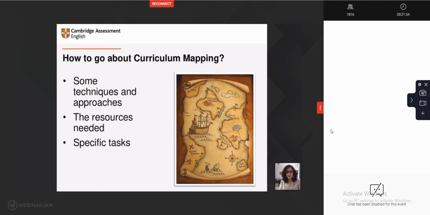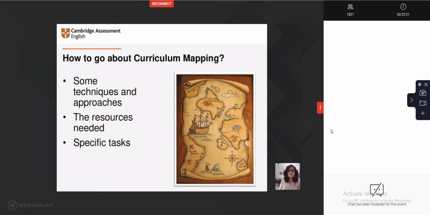We will first look at certain techniques and approaches and do some specific tasks, and you have a look at some specific templates meant for young learners and middle school. And then we will take up the higher education arena, right? So we'll be looking at both school and college level curriculum mapping, right?